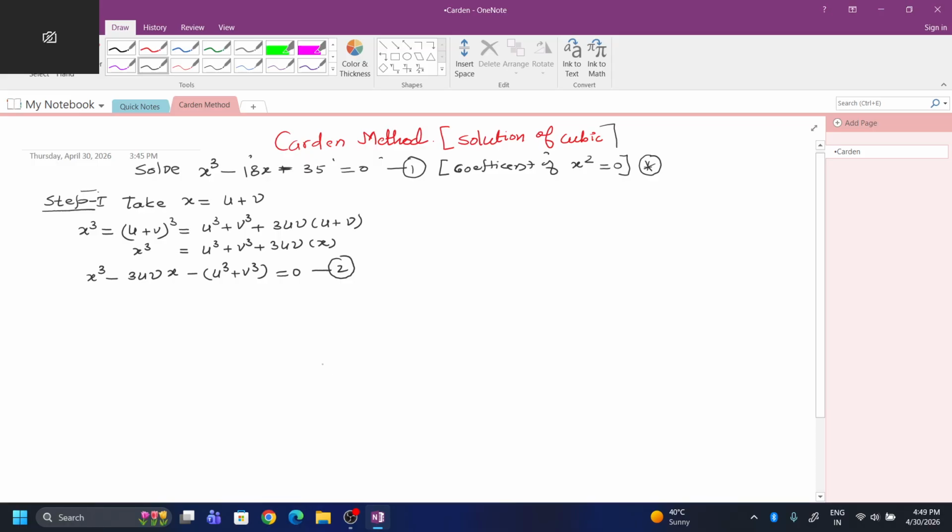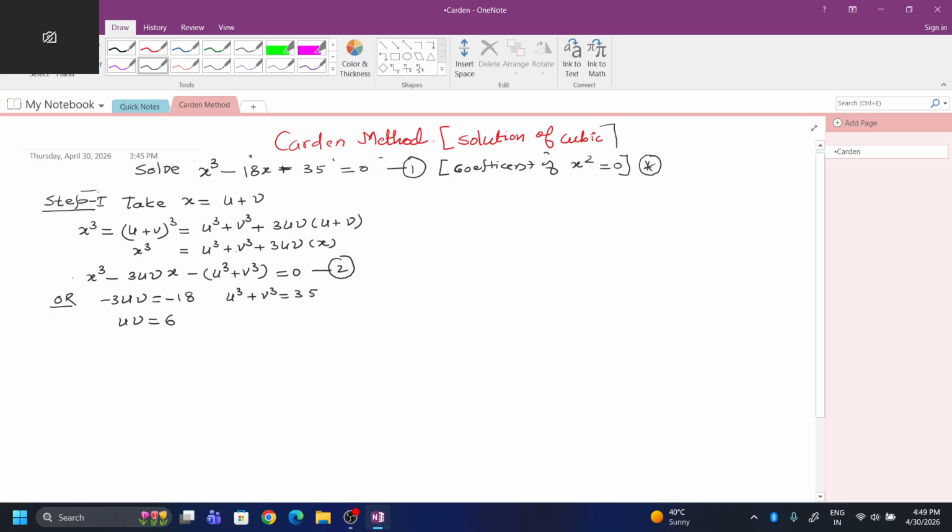So equation number 1 and equation number 2 are both cubic equations. We compare the coefficients of x cube, x and the constant term from equation number 1 and 2. So we can write minus 3uv is equal to minus 18, that is uv becomes 6, and u cube plus v cube is equal to 35.